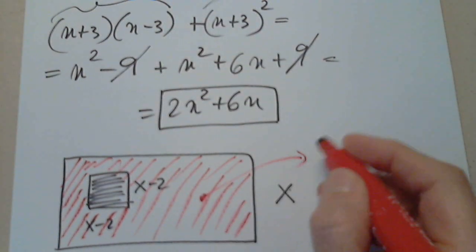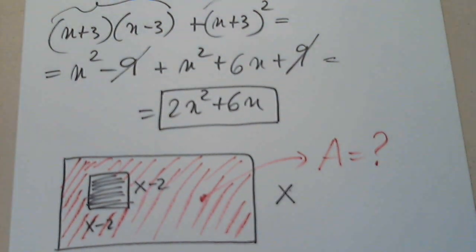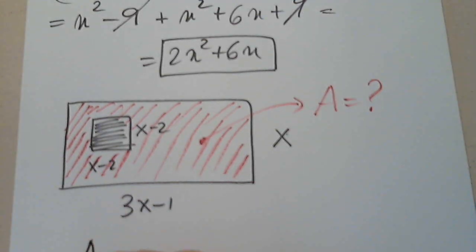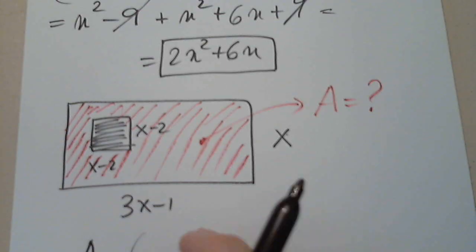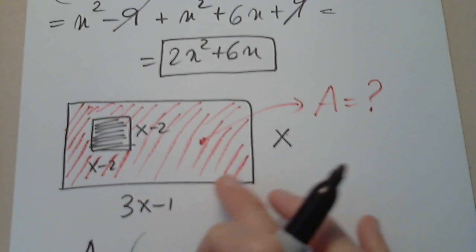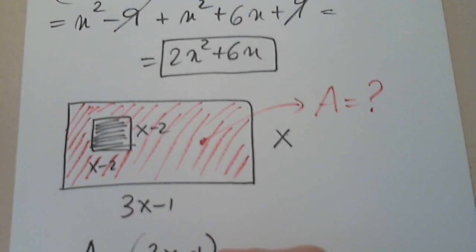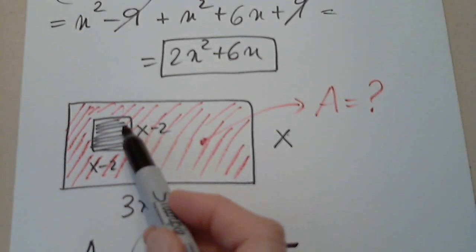So they are asking us to find this area. Can anyone give us an idea of how to proceed? Would it be in parentheses 6x minus 2? So first we have this big area, which is (3x minus 1) times x. And we have to subtract from it this area.